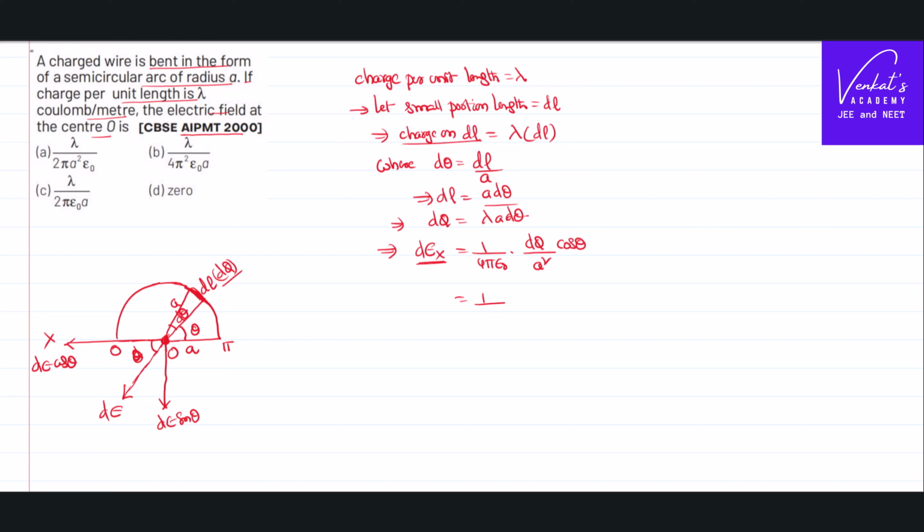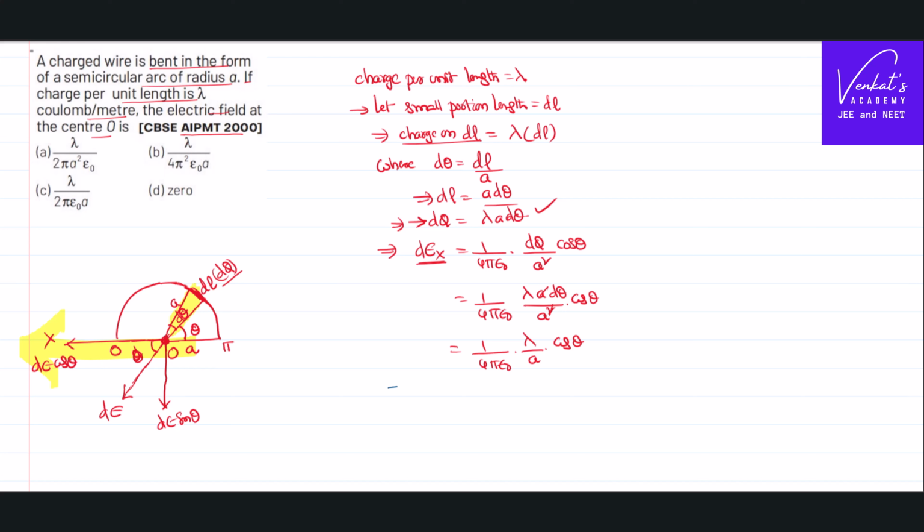In place of dq, I can write lambda a d theta by a square, cos theta. I have already found dq, I am just substituting that value. One a can be cancelled. So this is 1 by 4 pi epsilon naught, lambda by a, cos theta d theta, that is the small dEx. That is the small component of electric field generated due to this small element.